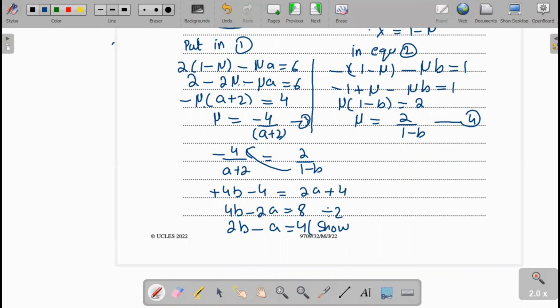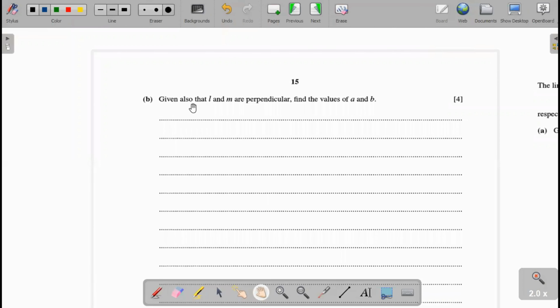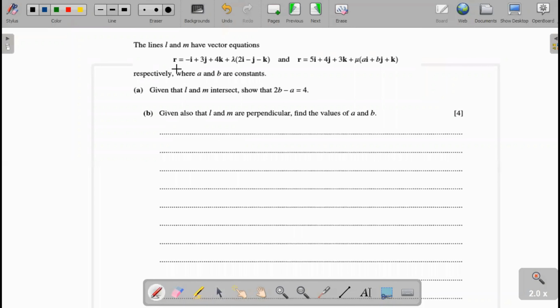Okay. Now go to the next part of this question. Part B: given also that L and M are perpendicular, find the value of A and B. Now this line is L and this line is M. You know that when L and M are perpendicular, the direction vectors of line L and line M are written in column form.